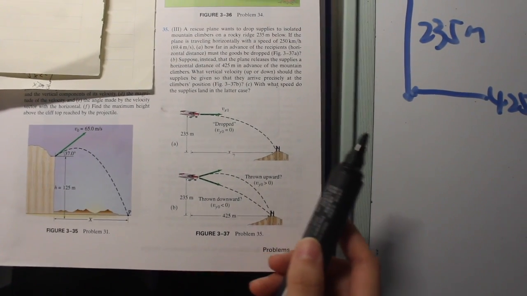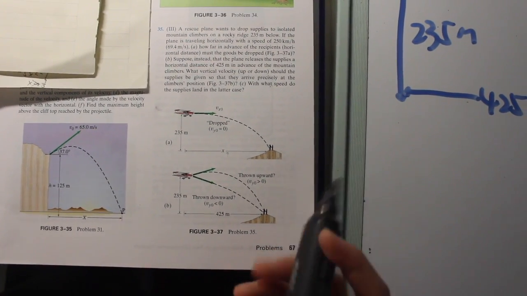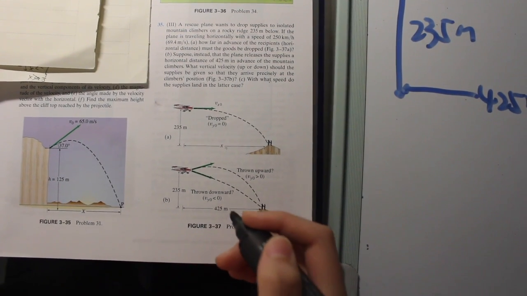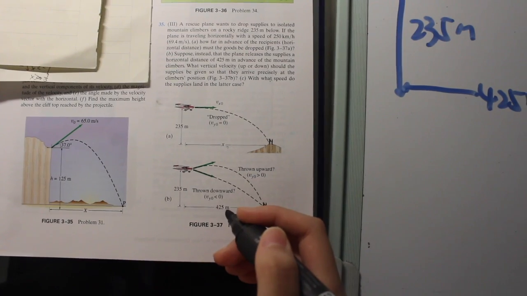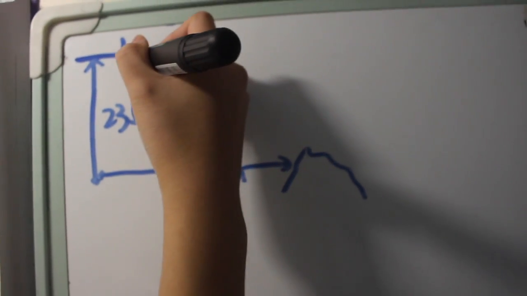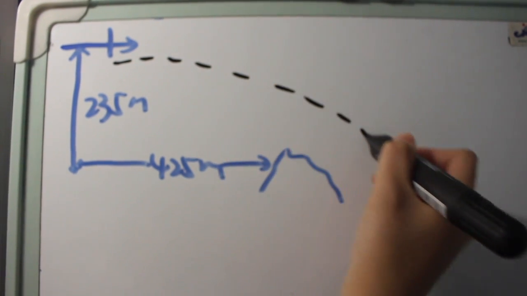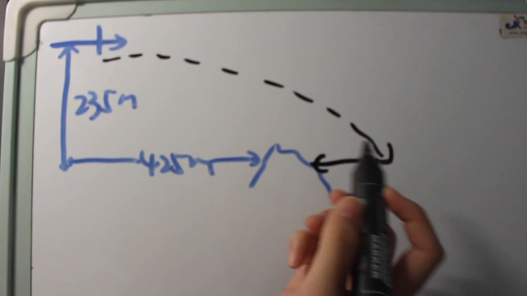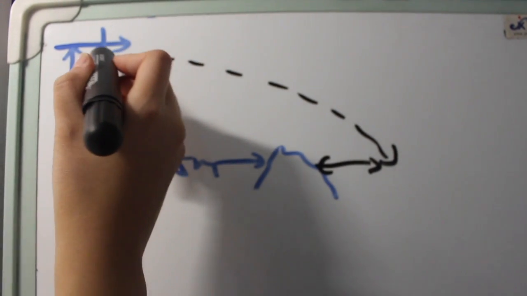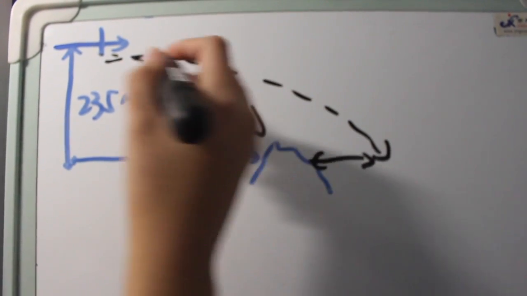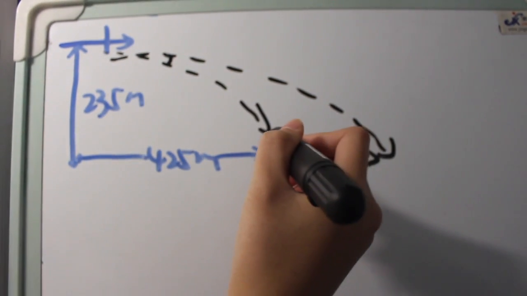Let's do question B now. This time the X is stipulated as 425 meters. As a result, if we still let the goods drop down freely, it will be away from the mountain. That's so bad. So we must give the goods a force to let it drop exactly at the mountain.